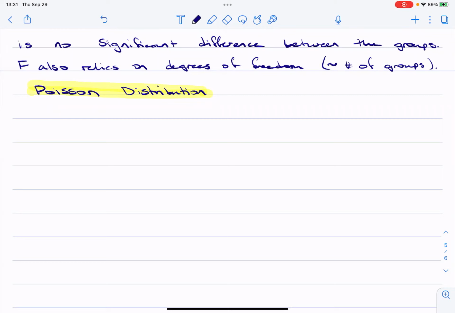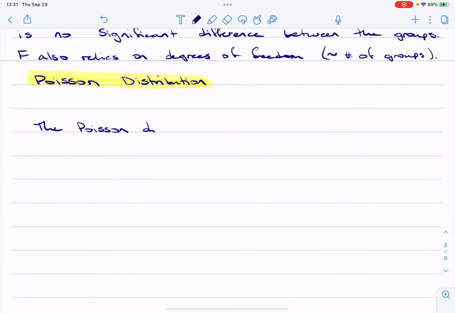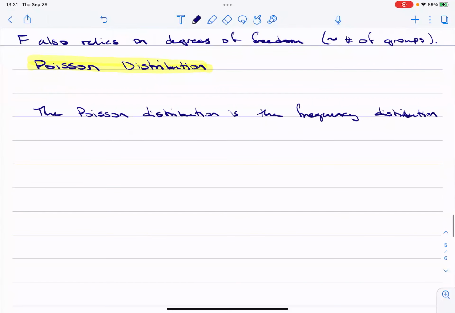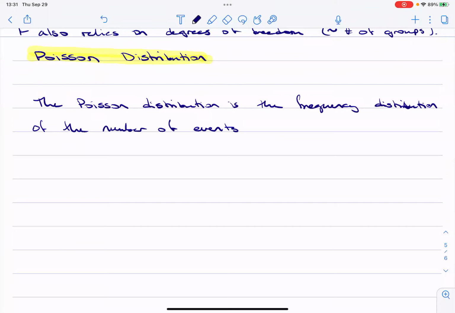So the Poisson distribution is the frequency distribution of the number of events in sampled units of time or space.